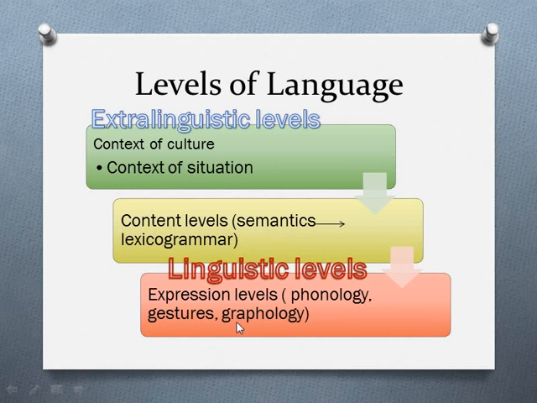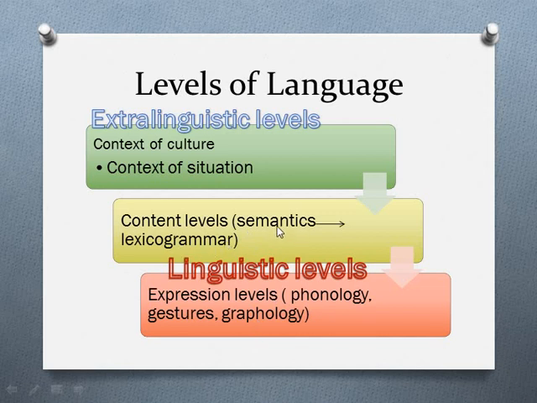Or in graphology, in writing, for example, someone texts you on WhatsApp asking, do you know my book? And then you text back, you reply saying, I don't know, on WhatsApp. It means graphology. And again, the words, the sentences, I don't know, those are lexical grammar.